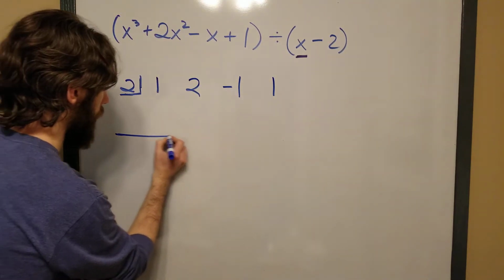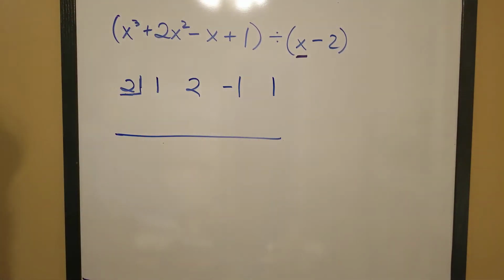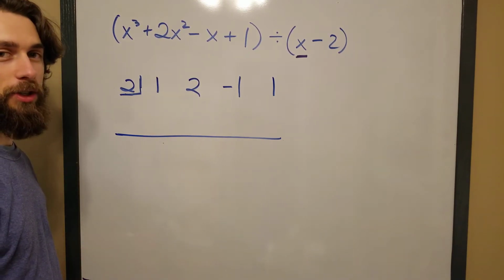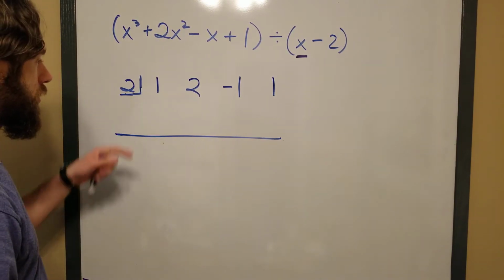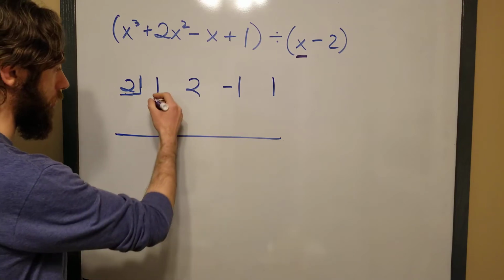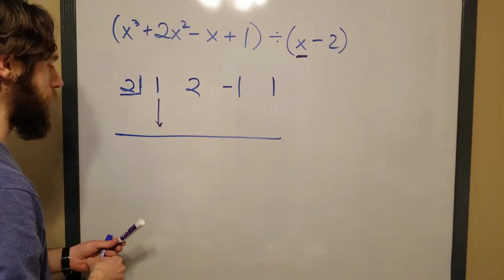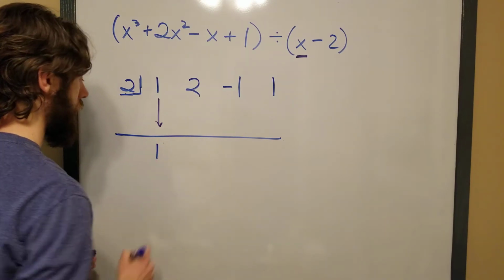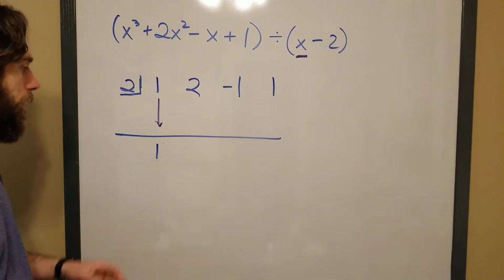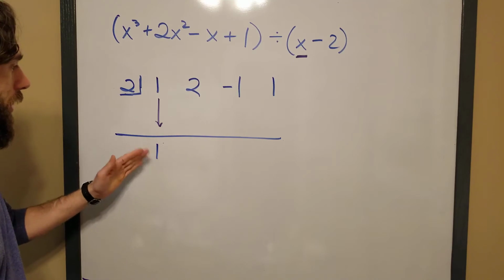Okay, then we draw a little bar here. To do synthetic division, we start out by just bringing the first coefficient down. So just immediately put that 1 here.